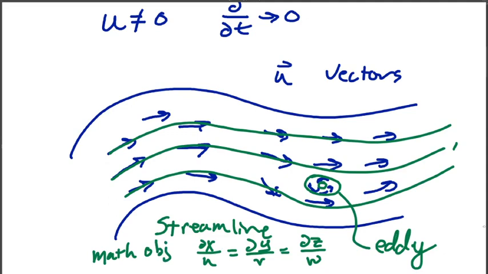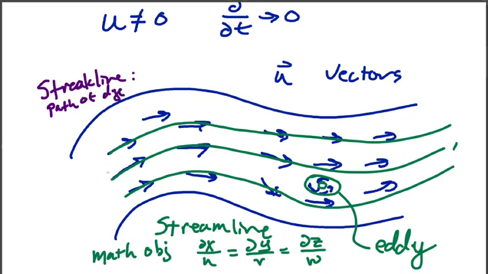Now, another tool that we use often in real flows is what is called a streakline. A streakline is the path followed by dye.